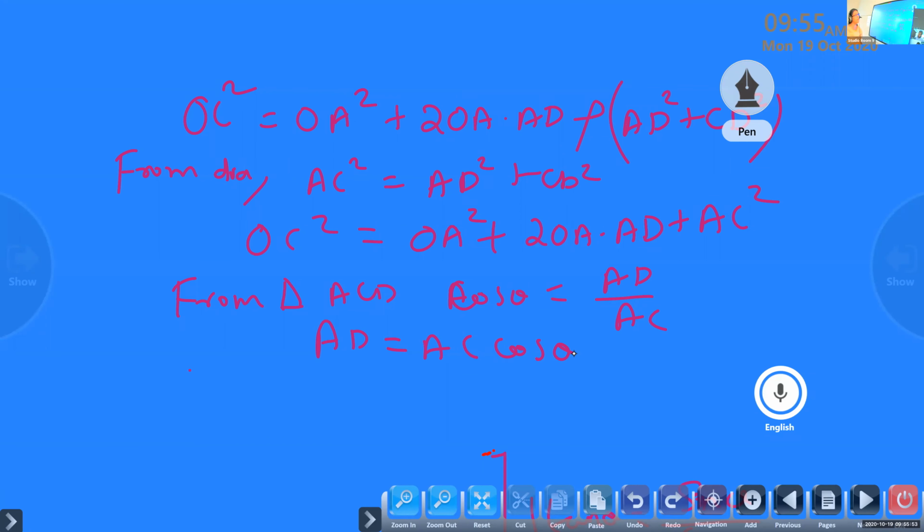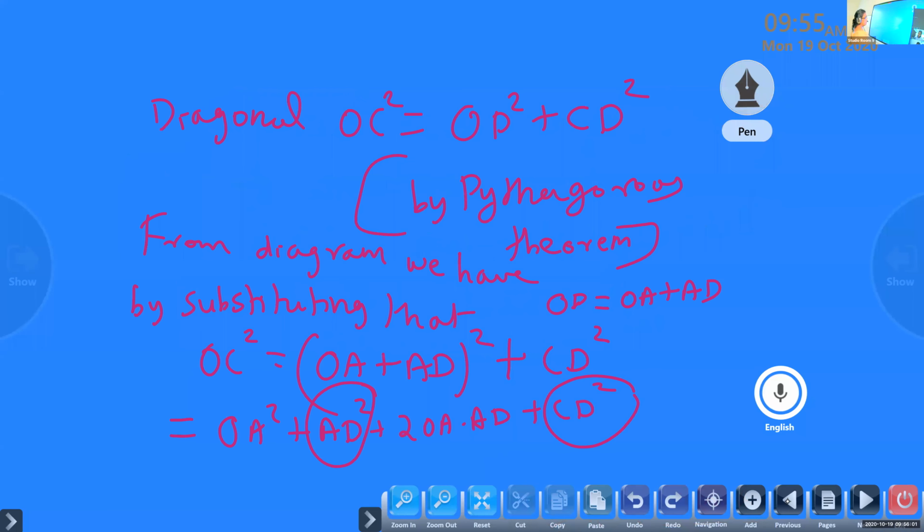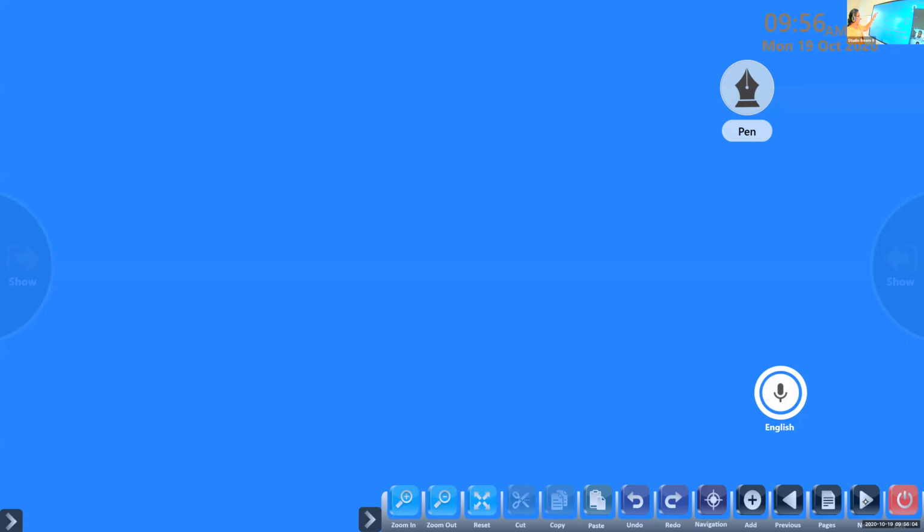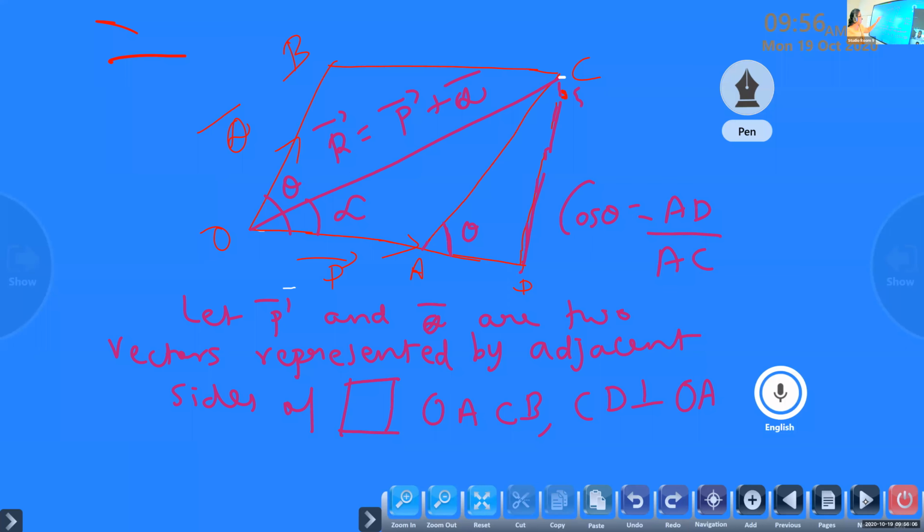It's a parallelogram, correct? What is the law of parallelogram? Opposite sides are equal. AC and OB, are they equal? They are equal. Therefore, instead of AC, what can we write?